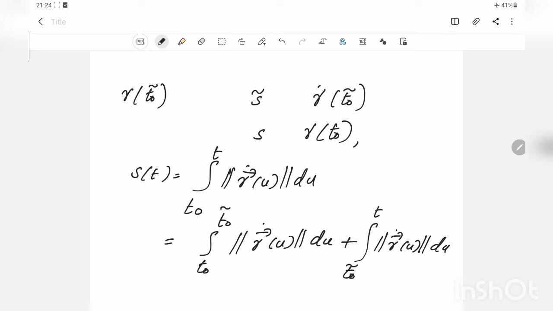Since t naught and t naught tilde are fixed points, the first integral is a constant. So this becomes a constant plus s tilde of t.